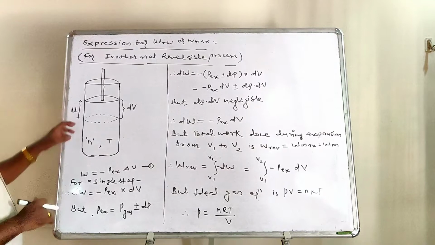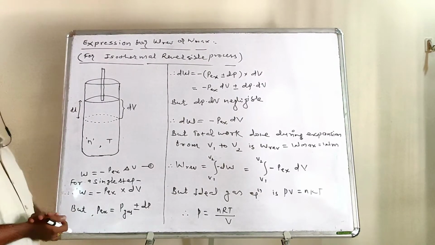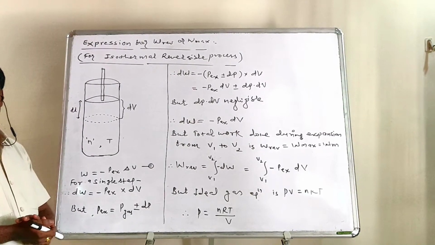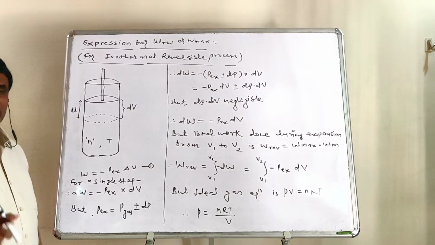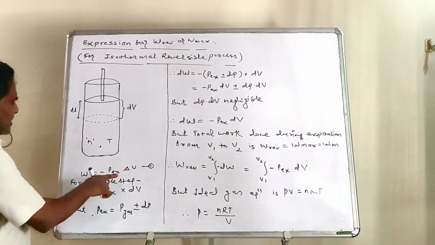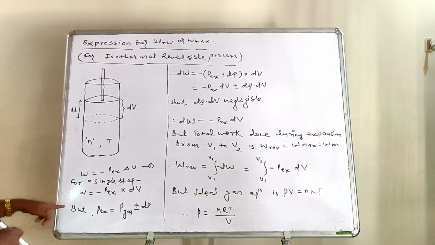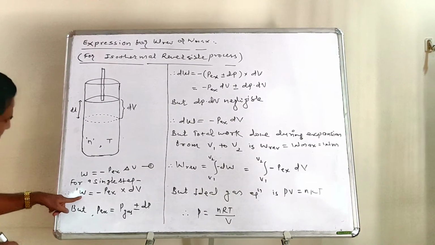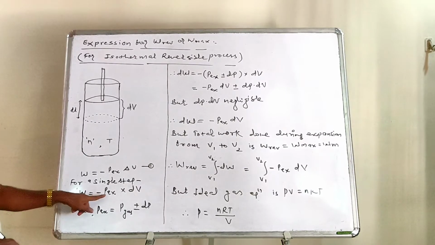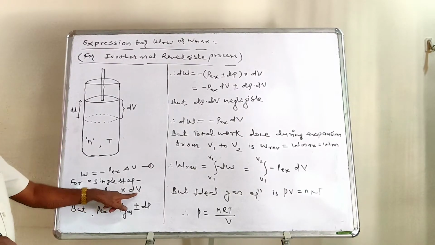As reversible process occurs in infinite steps, we have to first calculate work done in a single step. For a single step, an infinitesimally small amount of work is done, that is represented by dW, and it is equal to minus P external into dV.